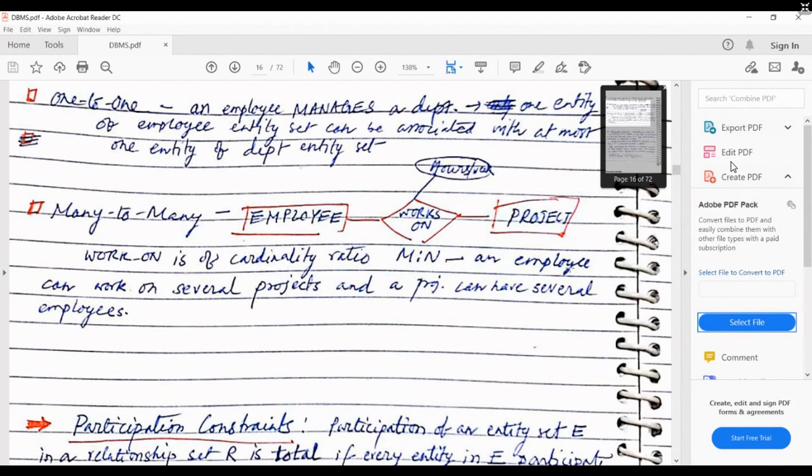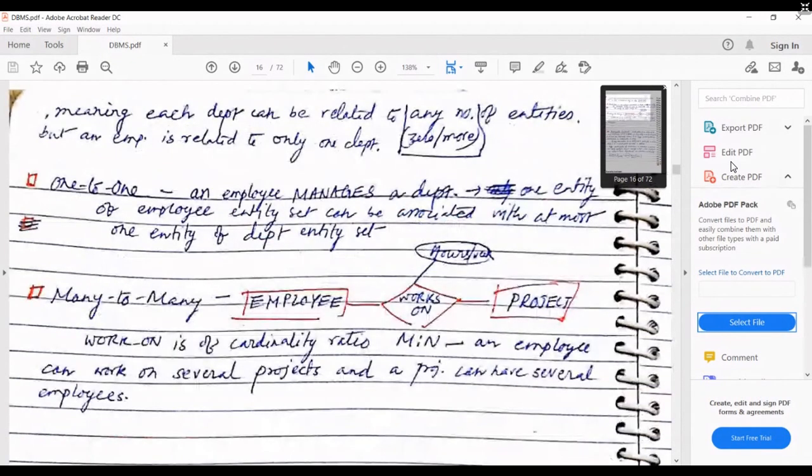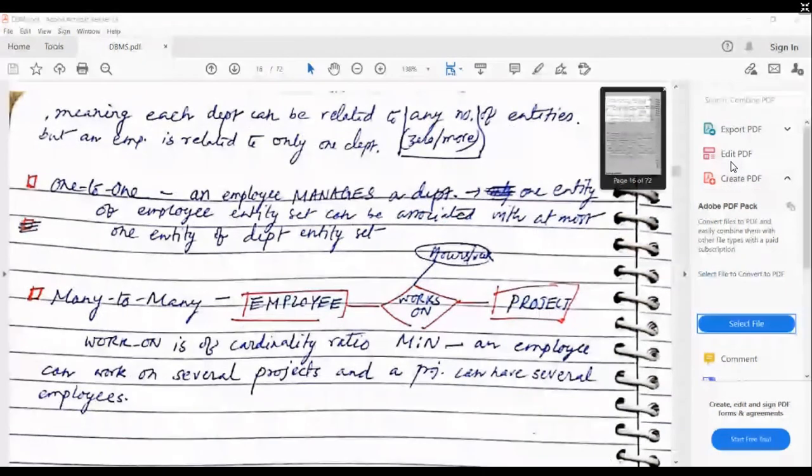The cardinality ratio may be m is to n, in the scenario where one teacher is teaching a number of students and one student is taught by a number of teachers. So this is the cardinality ratio. There are 4 types of cardinality ratio here.